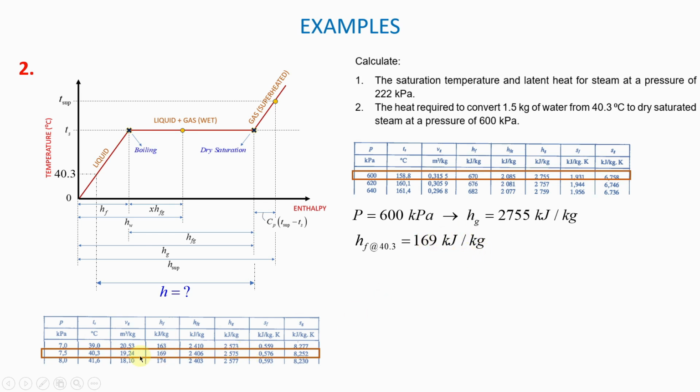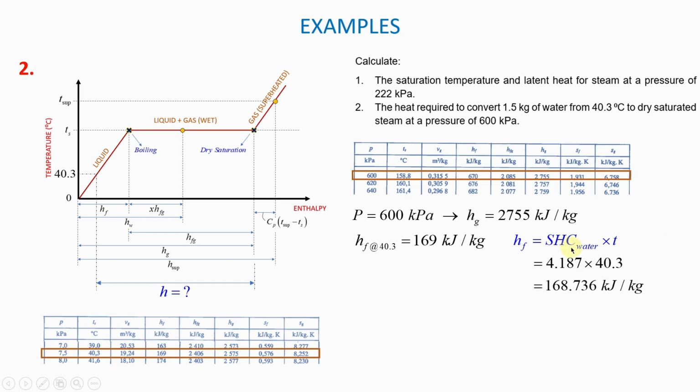But let's assume that 40.3 was not in the table. Then how would you get the heat that is in the water at a temperature of 40.3? Then you will use this equation, okay? So you will calculate HF using the specific heat capacity of the water multiplied by the temperature that is given to you. That is if you couldn't read it from the table. If the temperature was not one of the temperatures you have in your table, then you can just use this equation to calculate HF.